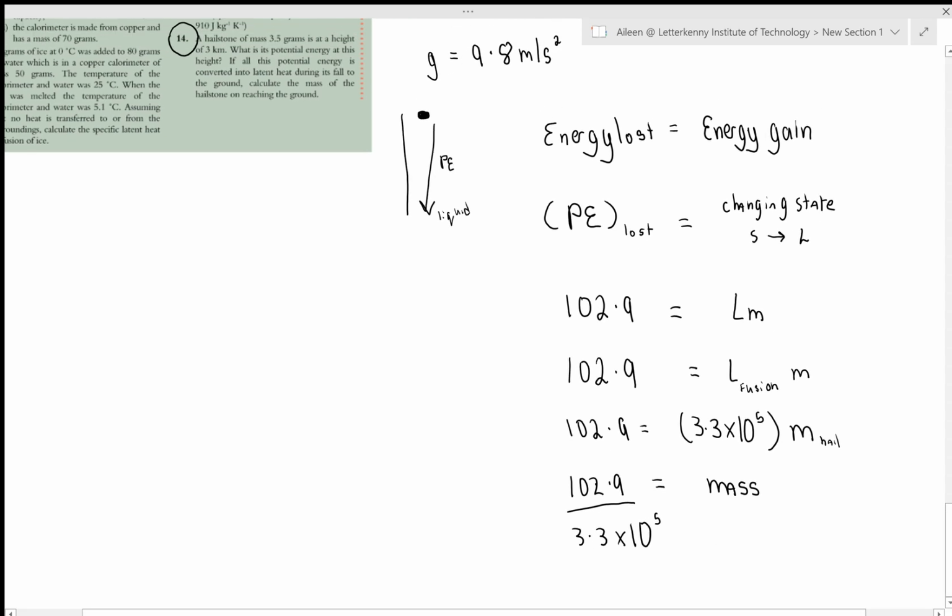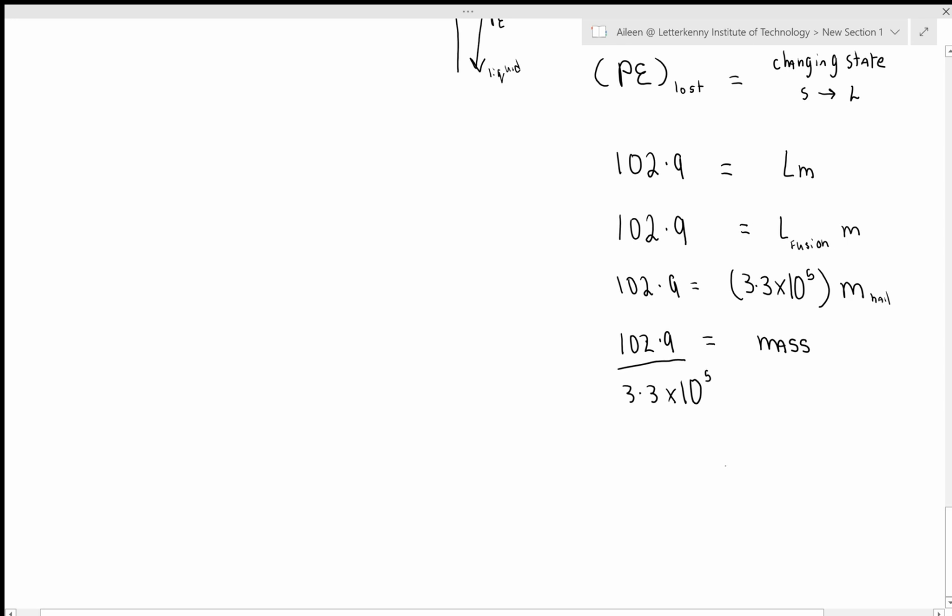This gives us a very small mass of 3.12 by 10 to the negative 4 kilograms, or 0.000312 kilograms.